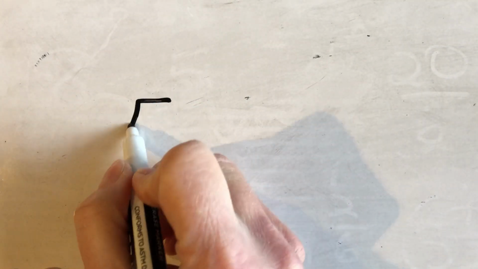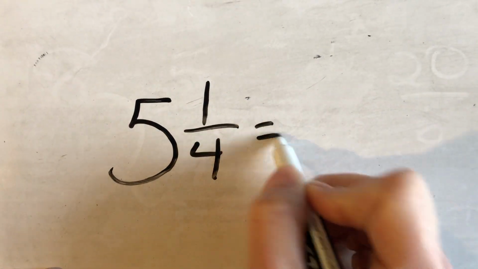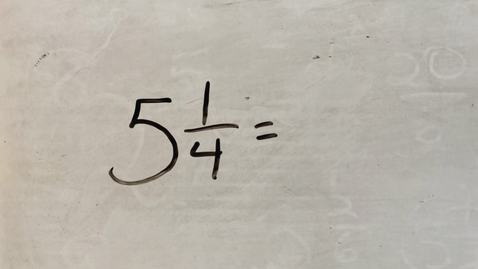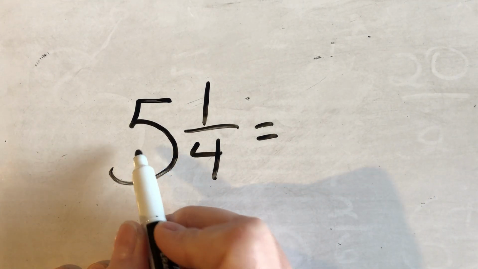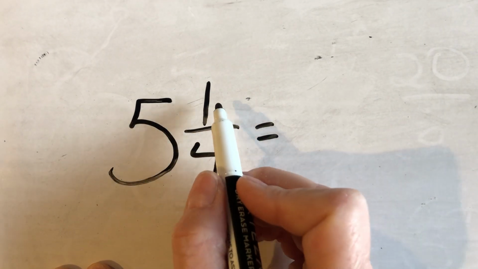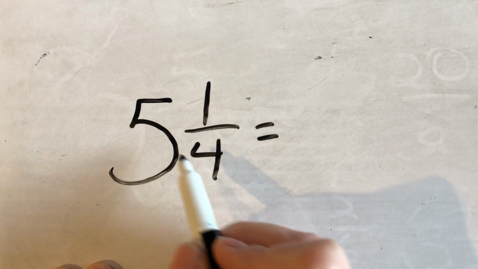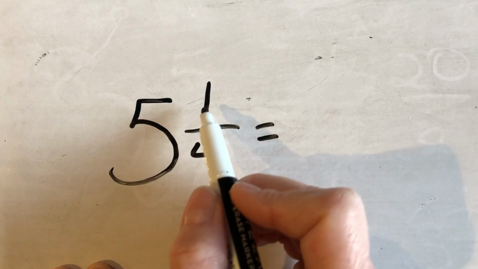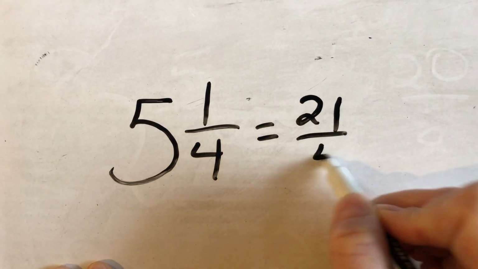Your next one, I'd like you to change 5 1/4 into an improper fraction. Again, we're pressing pause and press play when you're set. All right, for this one, I would have 4/4 5 times plus 1 extra fourth. So 4 times 5 is 20, plus 1 would be 21/4.